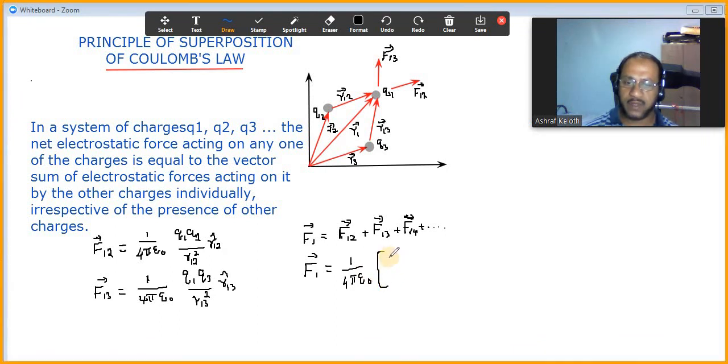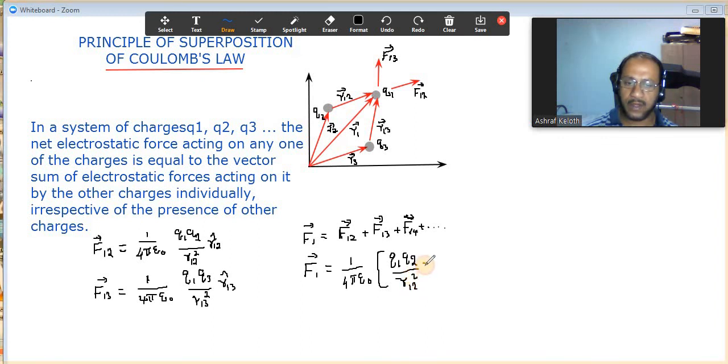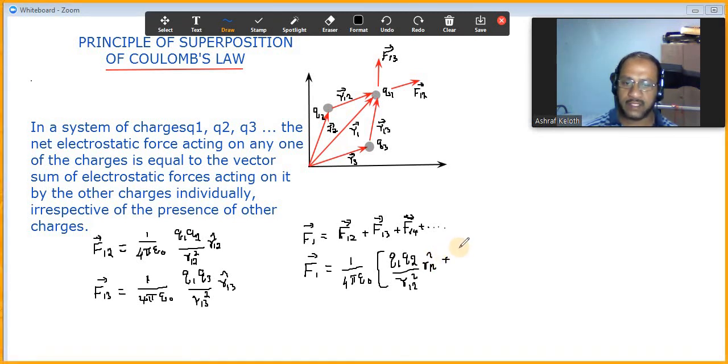Then inside, the force exerted by the charge Q2 will be Q1 into Q2 divided by R12 square into R12 cap, plus the force F13, which we can substitute as Q1 Q3 divided by R13 square into R13 cap.